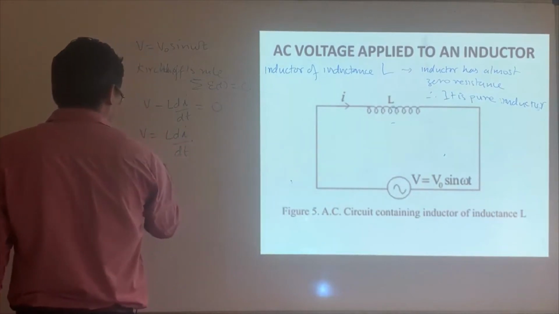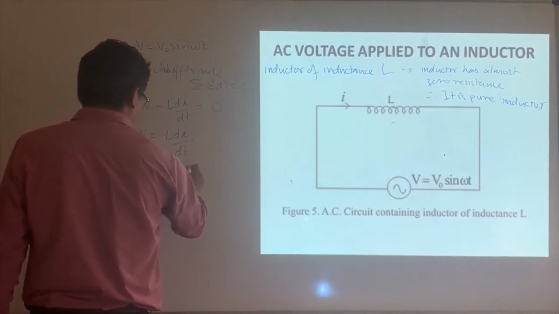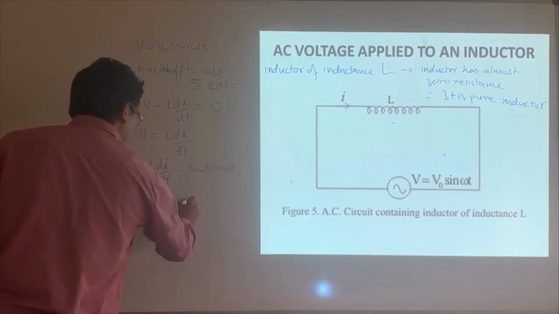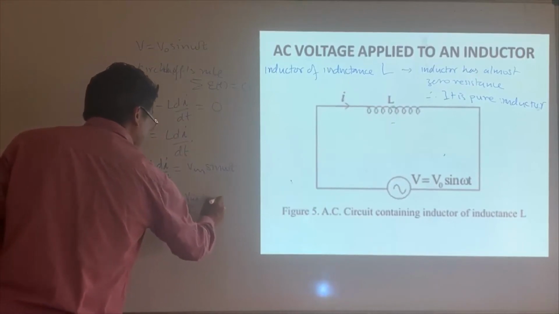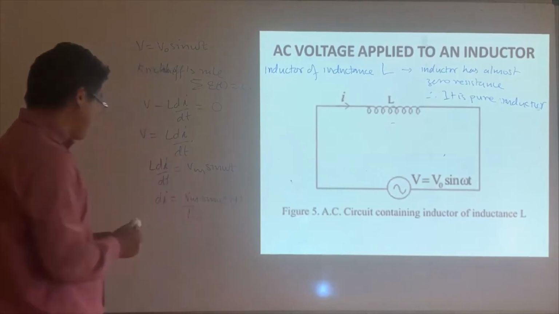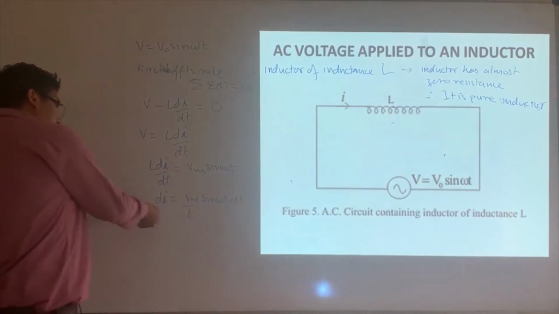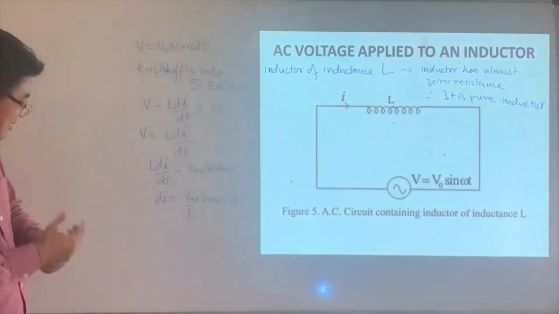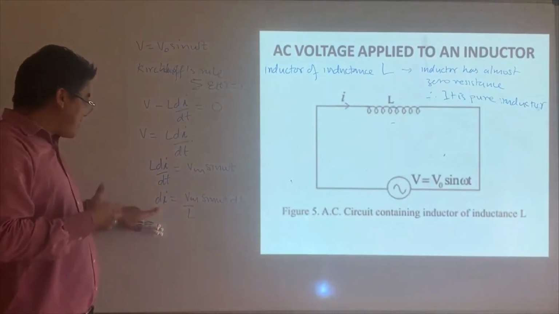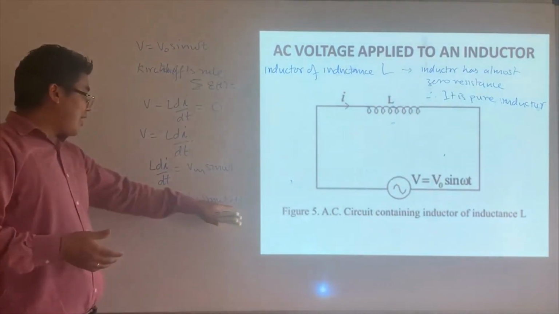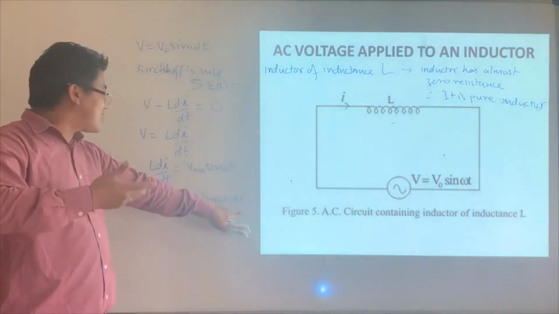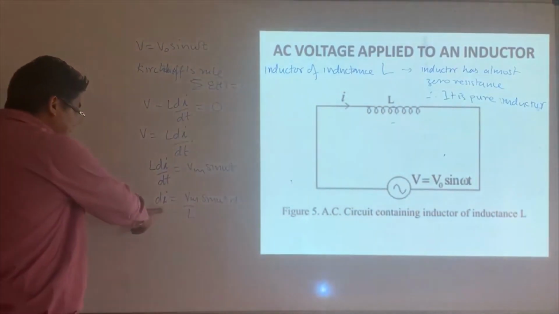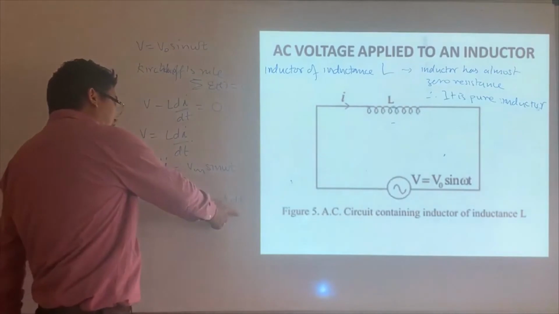L di by dt is equal to Vm sine omega t, and di is equal to Vm divided by L sine omega t dt. This is the instantaneous change of current in a small interval of time dt.